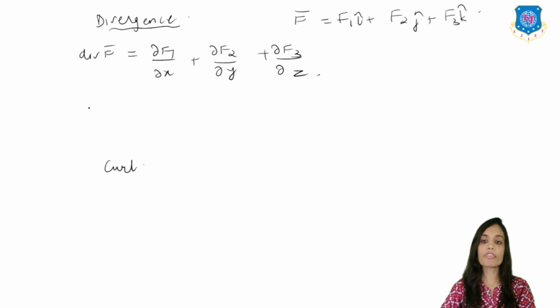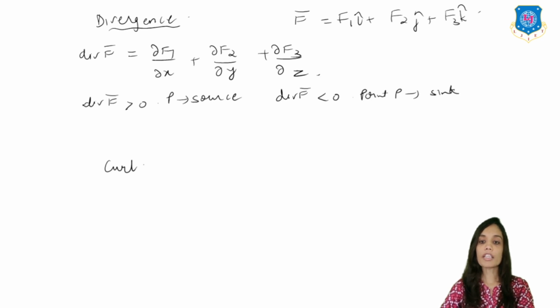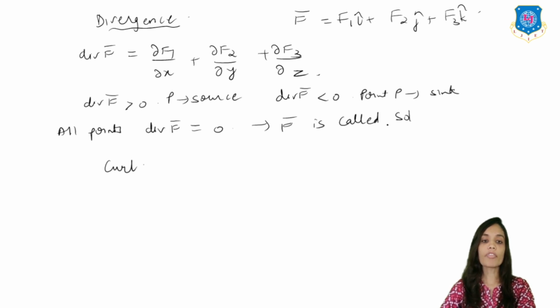Now from this we have studied if divergence of f bar is greater than 0 at any point p, then p is known as source. If divergence of f bar is less than 0, then point p is known as sink. And if at all points divergence of f bar is equal to 0, then f bar is known as solenoidal vector field.